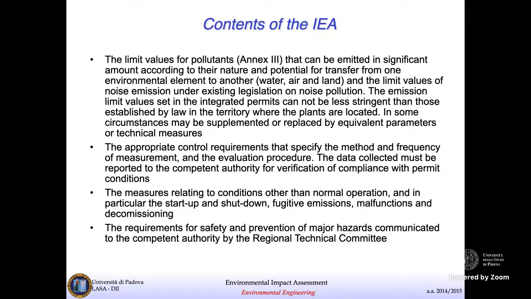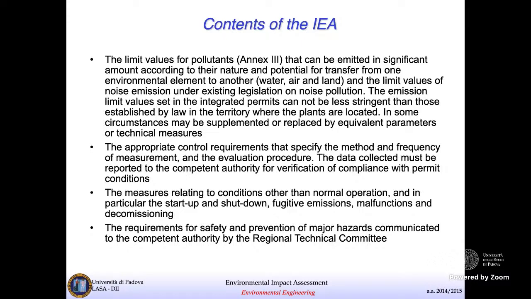The point is that the emission limit values included in the authorization cannot be less stringent than those required by the regional authority.